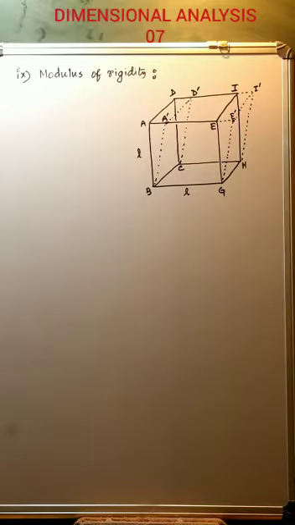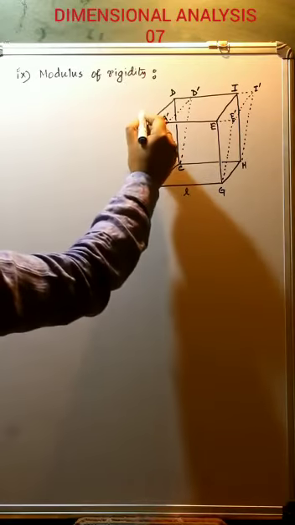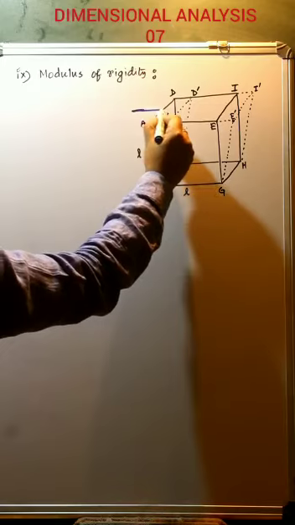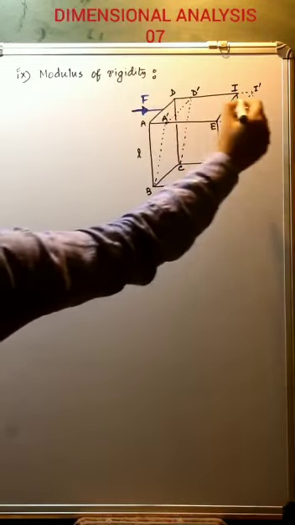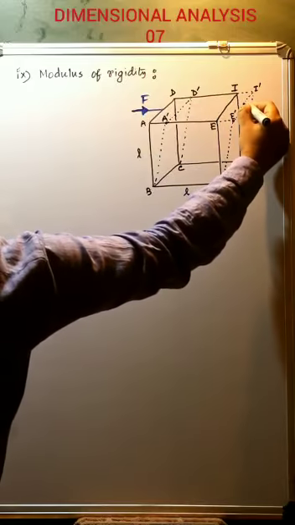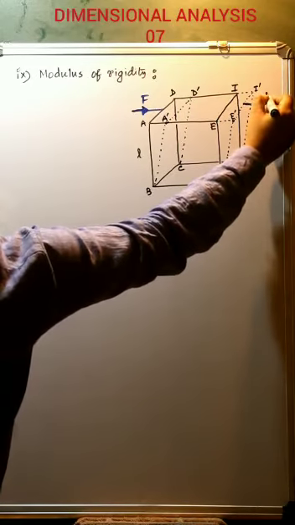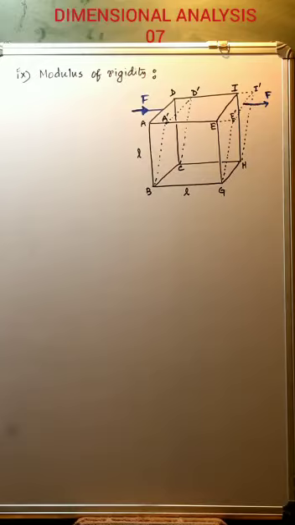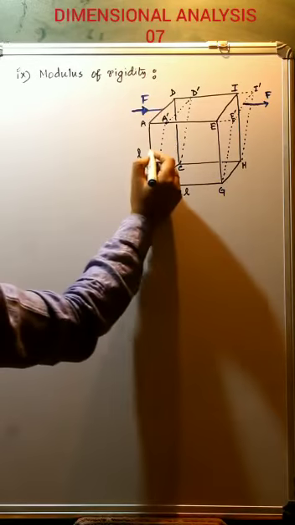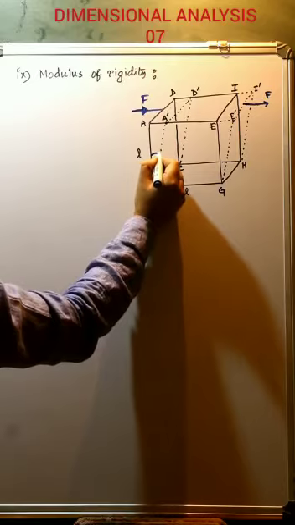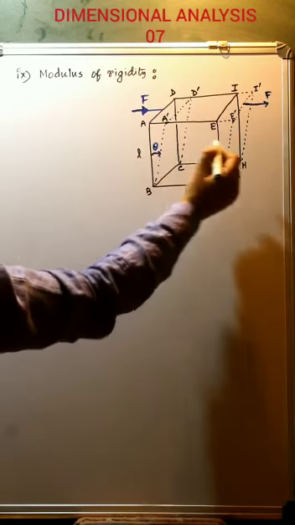And we can consider that a tangential force is applied on this face of the cube. F is acting in this direction, a tangential force. And in that case, the vertical plane ABCD will have the angular displacement theta.